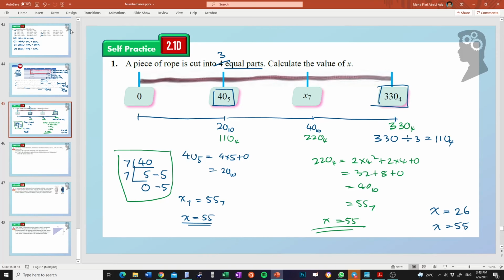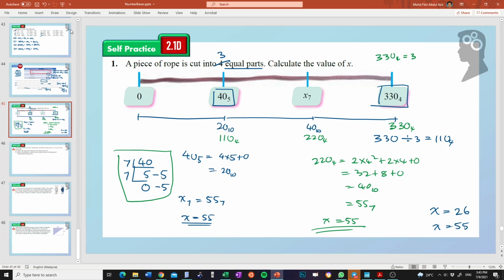Tak boleh ke kita tukarkan 330 base 4 tu terus pada decimal? Macam mana? Cara saya tukarkan 330 base 4 tu pada decimal.